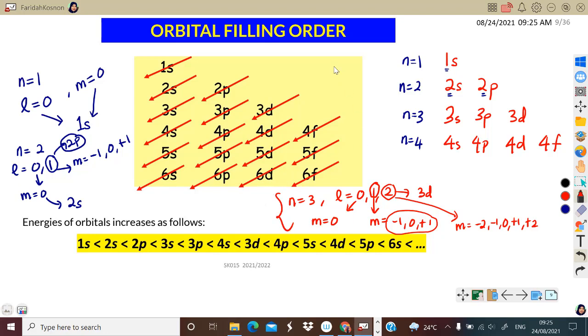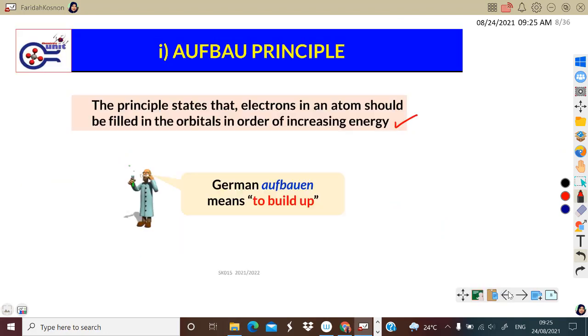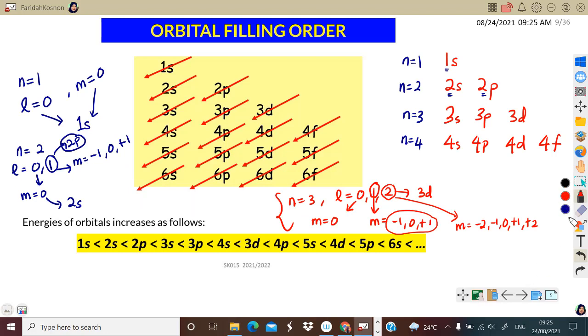So, apa yang saya nak highlight kat sini, according to the Aufbau principle, kalau you patah balik kepada slide ini, electrons in an atom should be filled in the orbitals in order of increasing energy. Kita dah belajar awal-awal tu, when n value increases, energy increases.